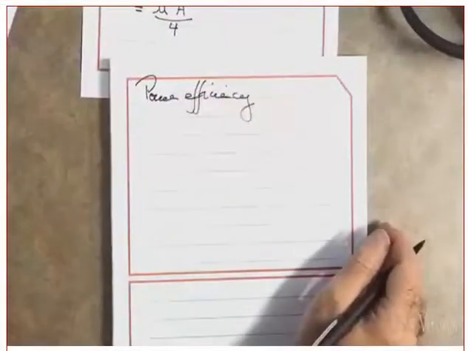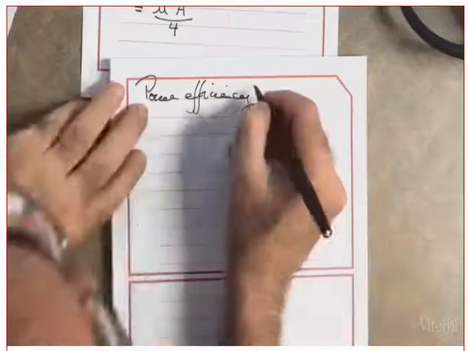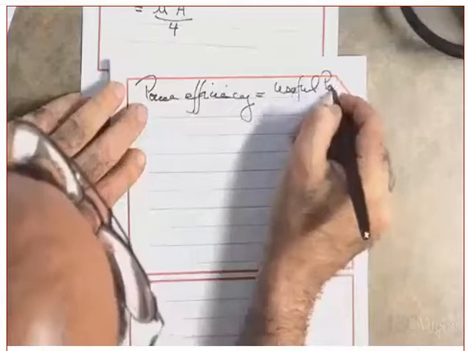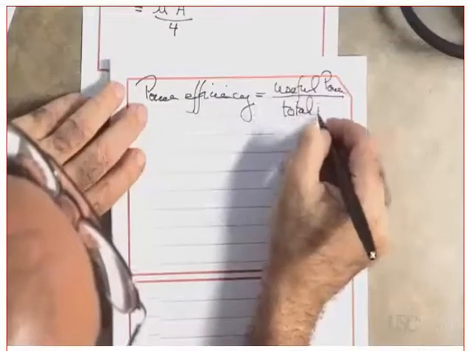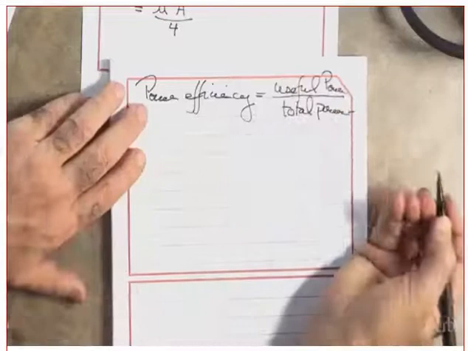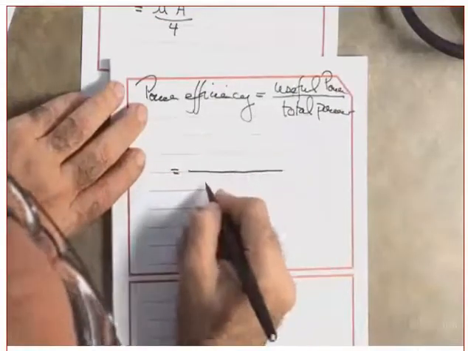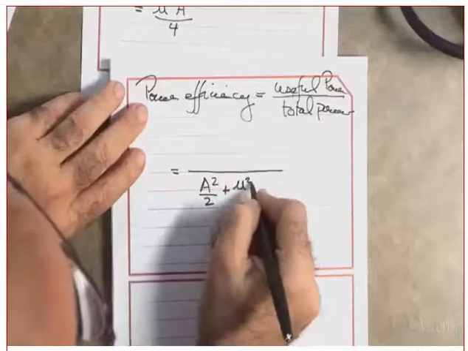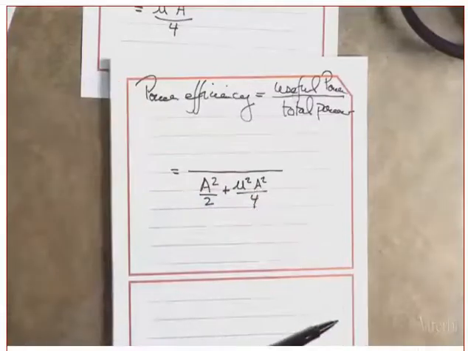How do I calculate the power efficiency of this modulation scheme? Agree? What is the denominator? Agree?